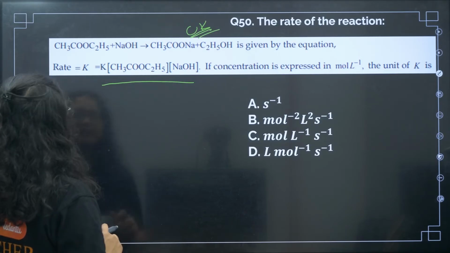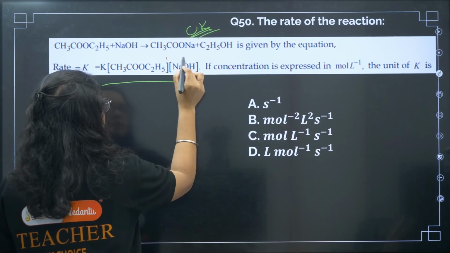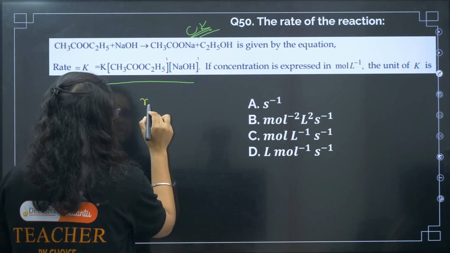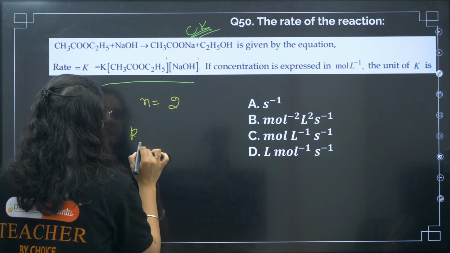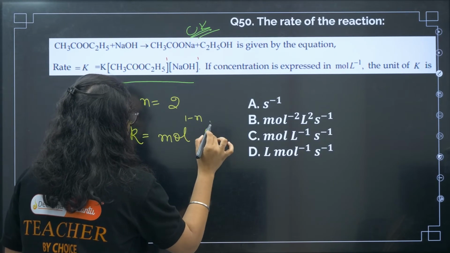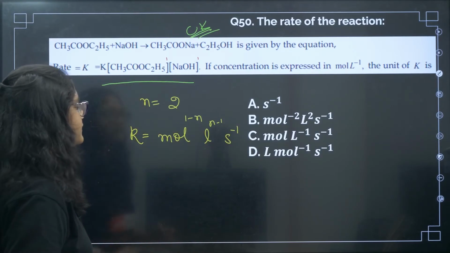Now you can see that the order of the reaction, here power 1, here power 1. So what I can say, that the order of the reaction is 2 and the unit of rate constant is moles to the power 1 minus n, liters to the power n minus 1 per second, and I need to substitute 2 for this n value.